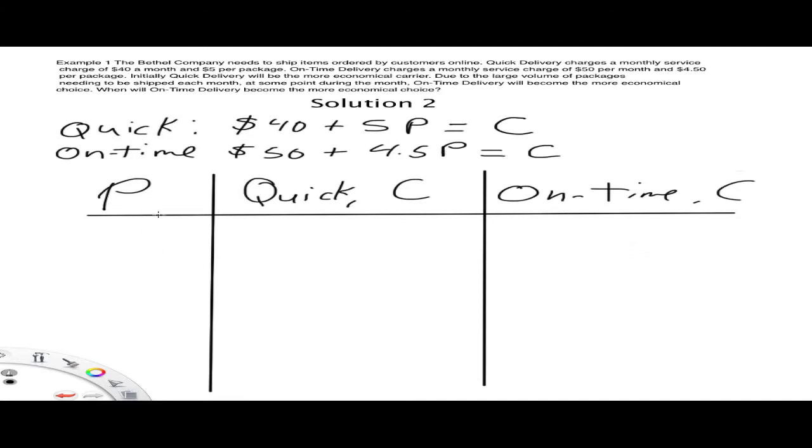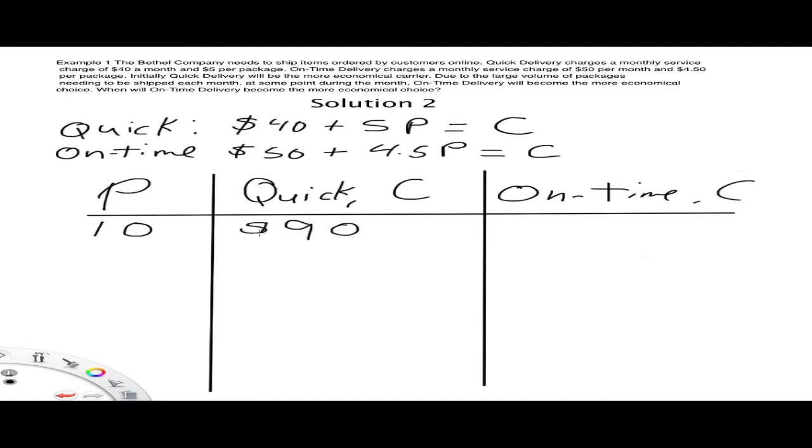Now I know that at 0 Quick is more. I know that there's only a 50-cent difference between the two, and I also know what result I got when I ran the inequality. But just using that information, I know it's not going to be 0. I know it's not going to be 1. I'm going to try 10 because I like easy, and 10 times 5 is 50. 50 plus 40 is $90.